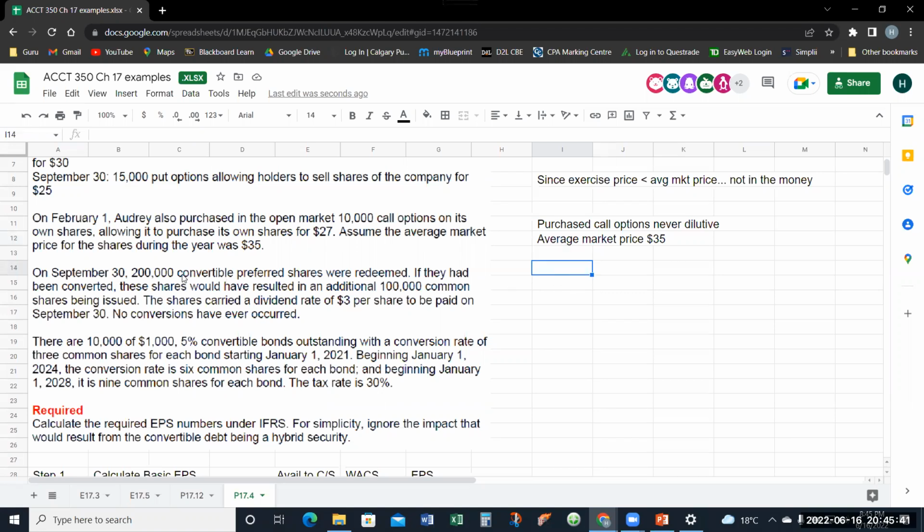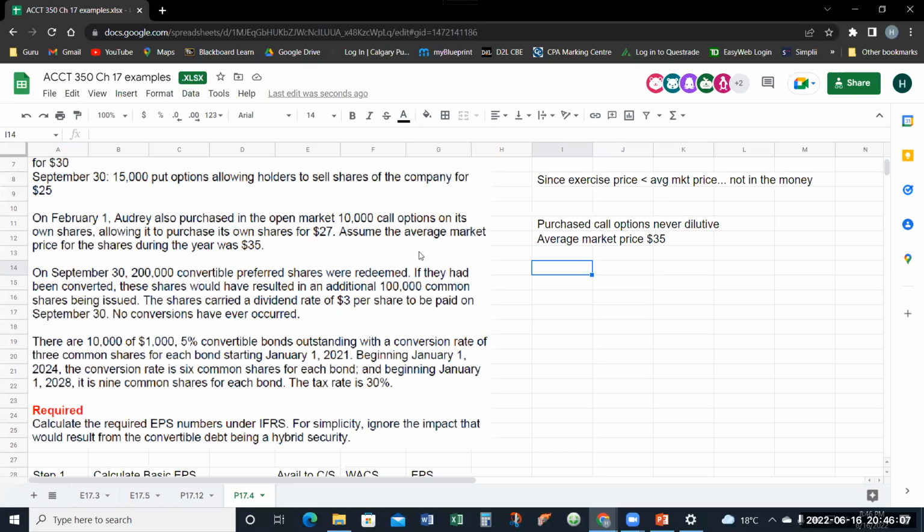September 30th, 200,000 convertible preferred shares were redeemed. If they had been converted, so redeemed means what? We paid cash, right? So there's no more convertible preferred shares. We bought them back. Even if something like this happens, we have to report what the worst case scenario would have been.